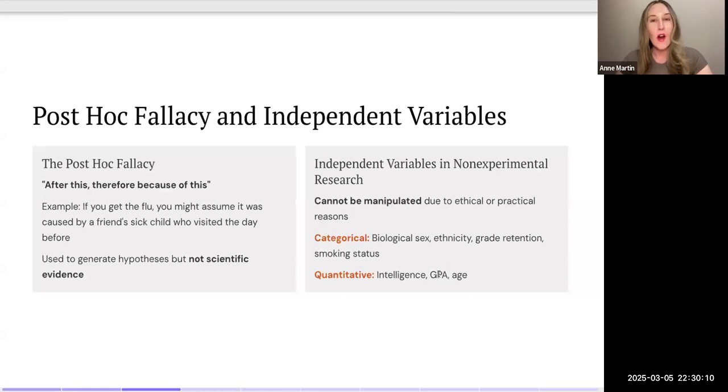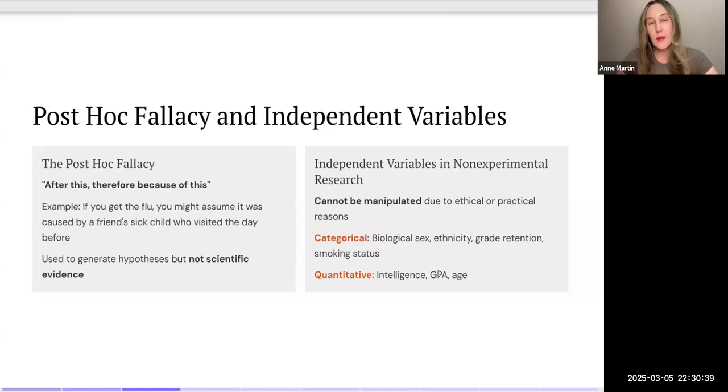When you are thinking about, analyzing, or proposing non-experimental research, the key issue centers around the contours of the independent variable. Non-experimental design is different from quasi-experimental and experimental design, where they manipulate the independent variable, in that here it cannot be manipulated. There are lots of reasons why.